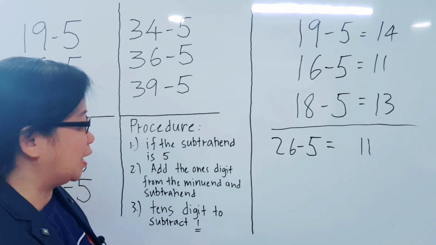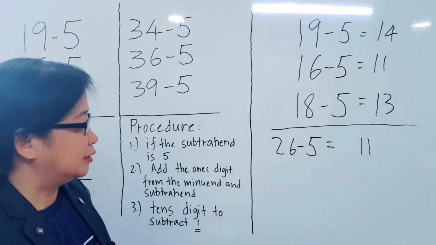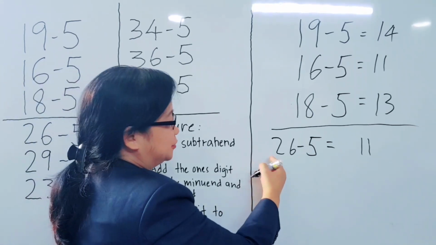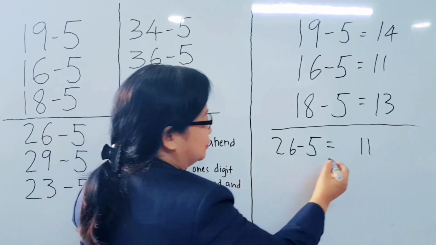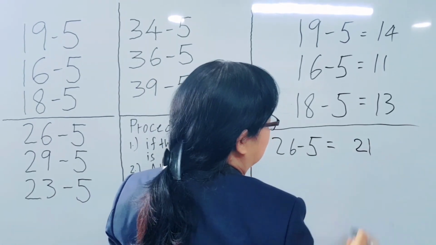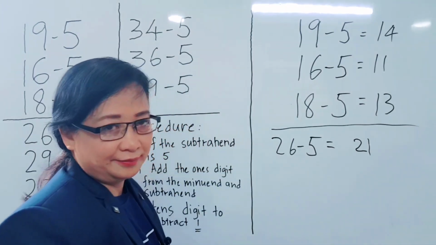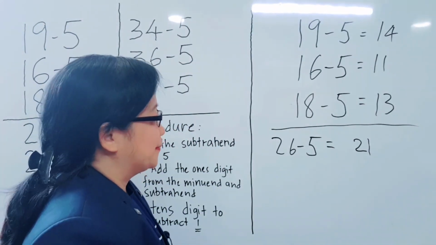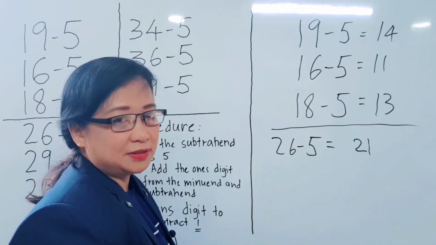So, we have 2 here, subtract 1 is equal to 1. So, 1 and 1 make 21. So, the answer is 21. See, 21 plus 5 is equal to 26.